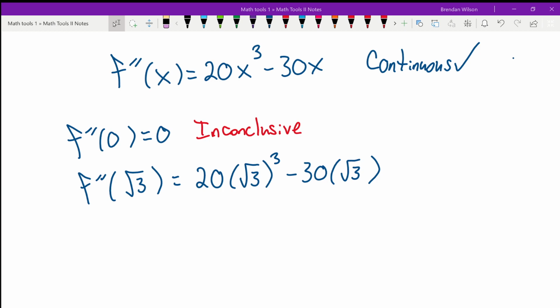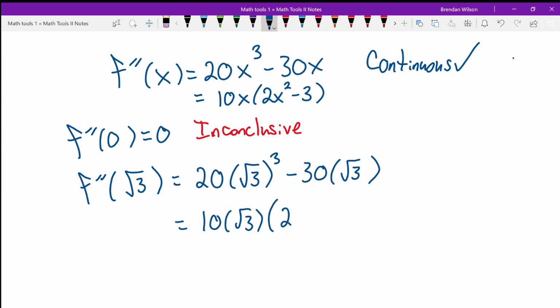So maybe instead of plugging in like this, we could factor this first. For example, we could pull out a 10x out of both of these, and we're left with 2x squared minus 3, right? So maybe we could plug it into that instead, because that's a little bit easier to work with for this purpose, right?